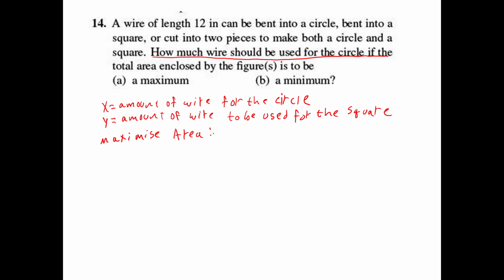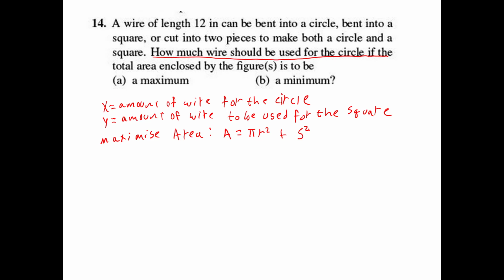Now, if x is the amount of wire for the circle, then the area of both is going to be the area of the circle, which is given by the formula pi r squared, plus the area of the square, which is s squared, whatever the length of one side is.